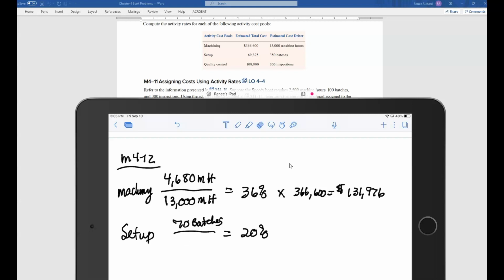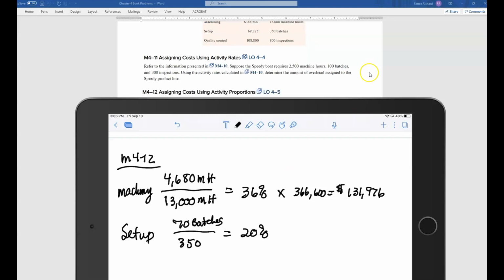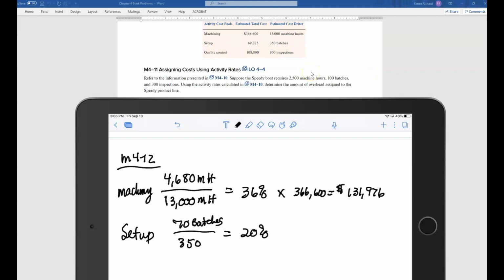And my fives are really bad today. I apologize. So that's 20% times the total cost. It's 20% of the total cost going to the luxury boat. So 20% times 69,825 gives you a total of 13,965 for setup.